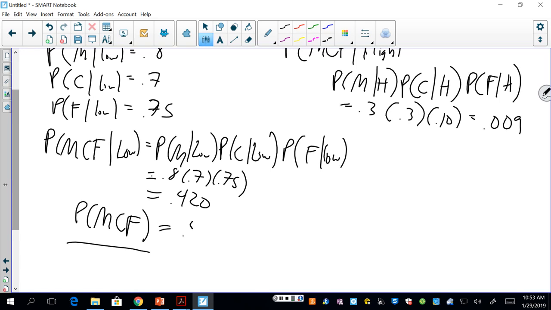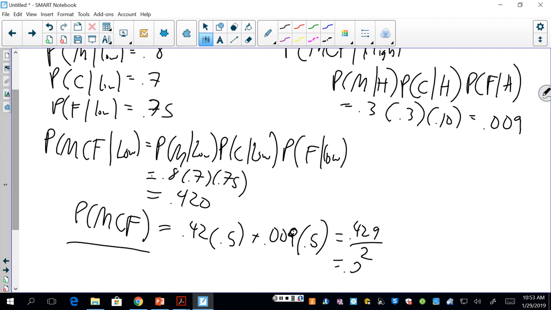Well, there's 42% coming from the low group, which is about half the population, and then a much less common response among the high group. And so the average of these two things is about half of 0.429. Half of that is 0.2145. So about 20% overall have that.